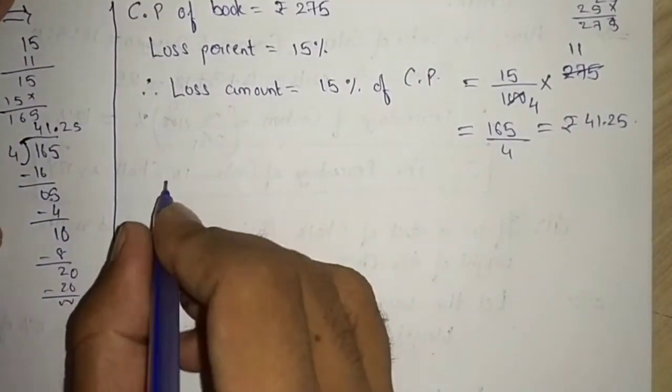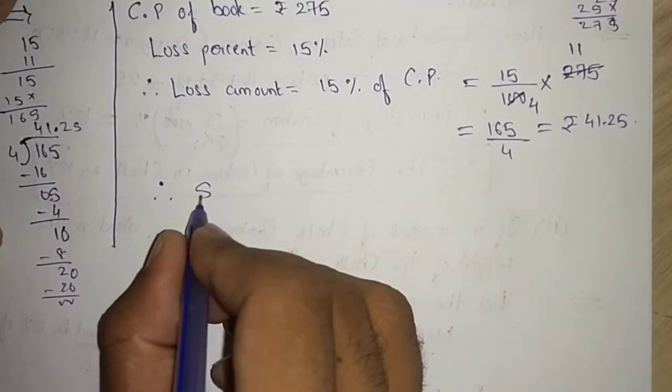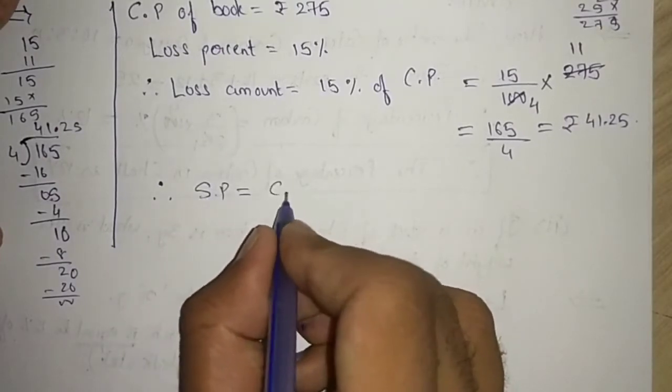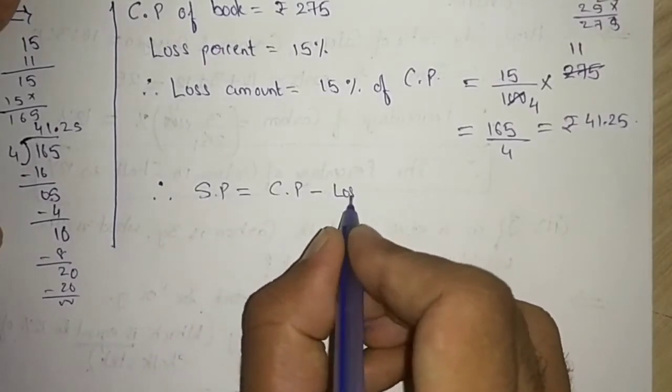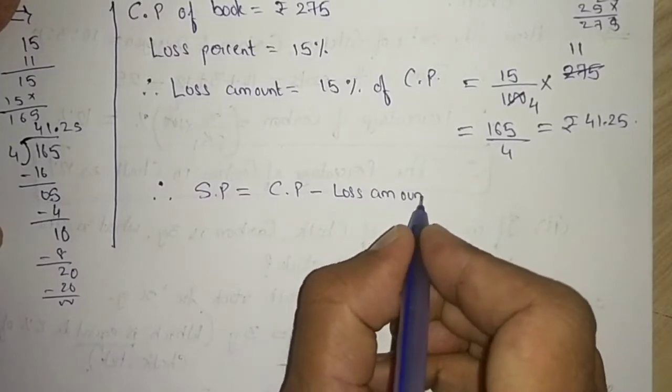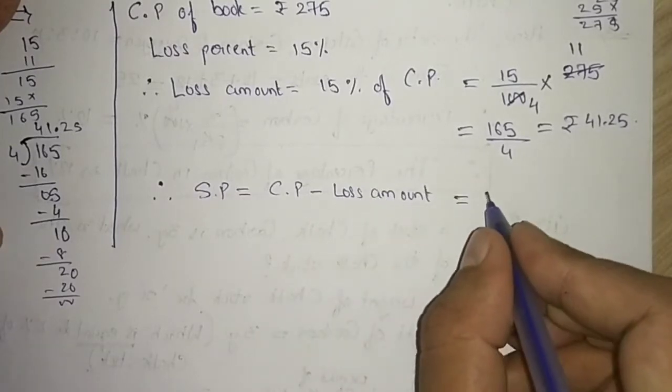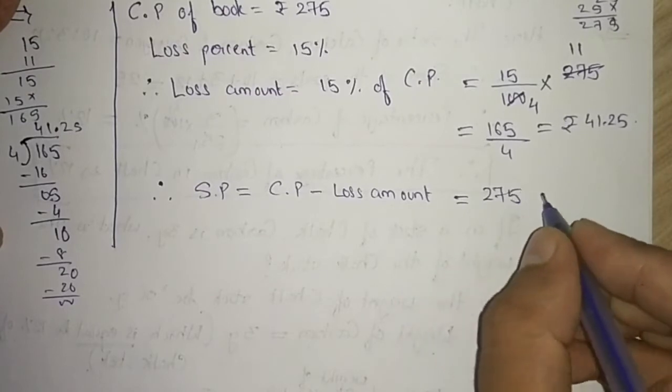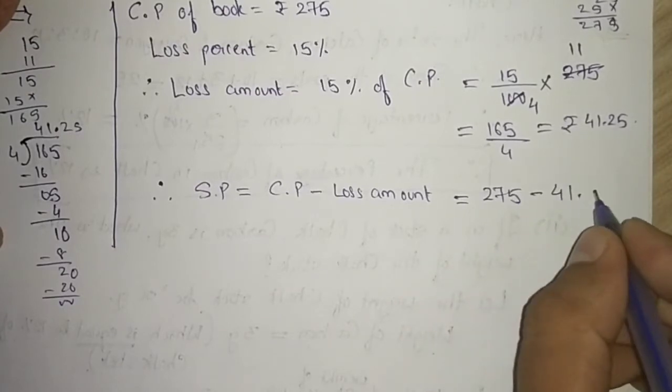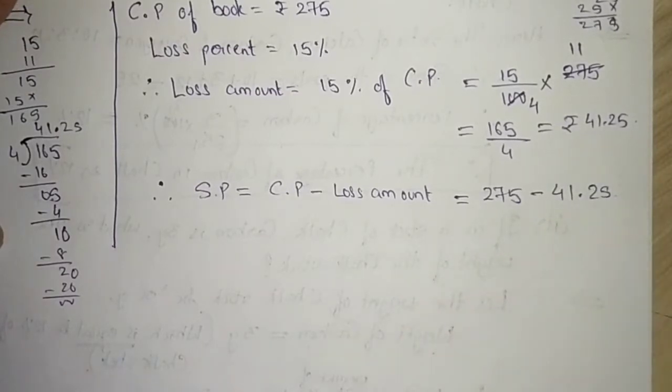Now I will put it in that formula. Therefore selling price is equal to cost price minus loss amount, which is equal to selling price was 275 minus loss is 41.25.